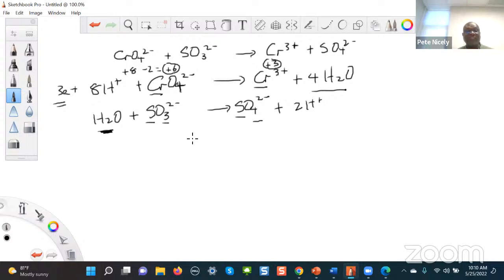Now for this half equation here, we have a total of -2 charges on the left, and here we have a total of 0 charges on the right, so that means we need to add 2 electrons here on the right, okay? So the next step is where we have to ensure that the number of electrons lost and gained would be the same. Now, let's see what the state of affairs is right now.